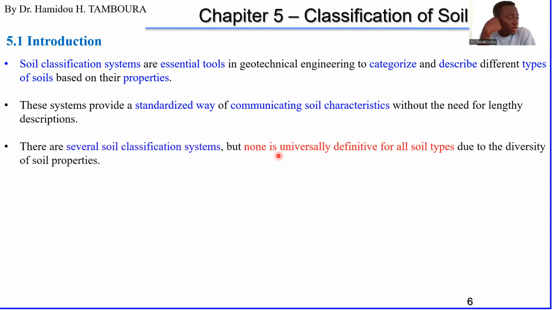There are several systems of classification that exist, but there is no universal classification system, because there is no system that can cover all soil types around the world.